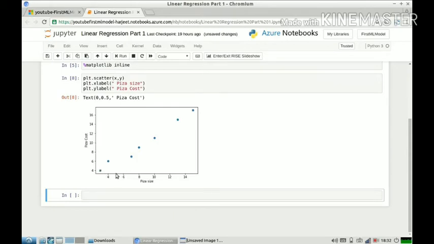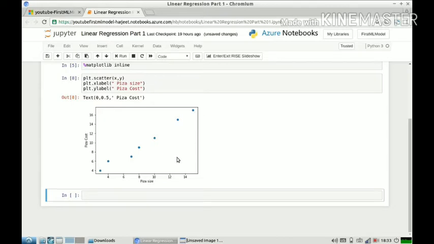So what do I mean by linear relationship? I mean that as the size of pizza increases, the cost of pizza also increases. You can see that this is roughly a line. The relationship can be represented by a line roughly, not exactly a line. You can't put this thing exactly into a line, but roughly.